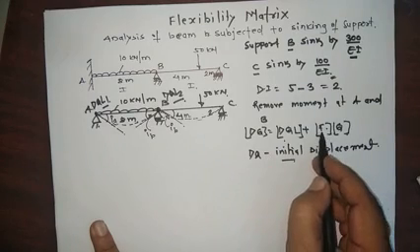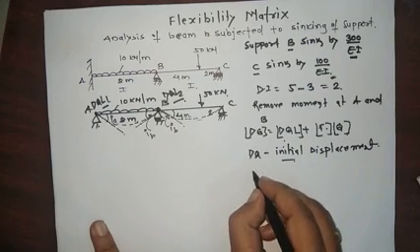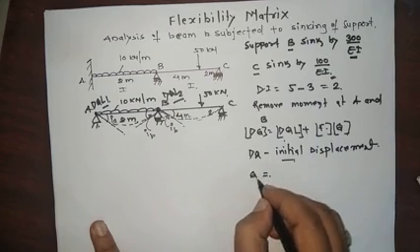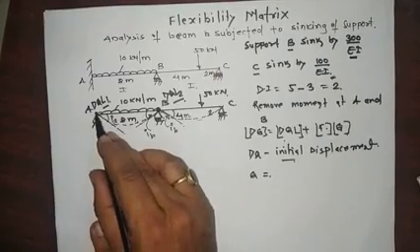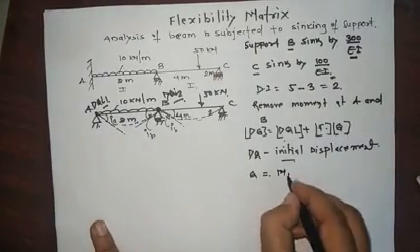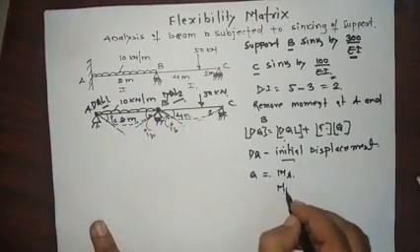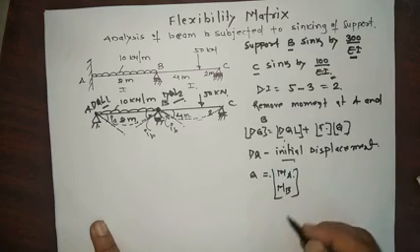Then F is the flexibility matrix and Q is our unknown forces, that is at A it is MA and at B it is MB. So this is our Q matrix.